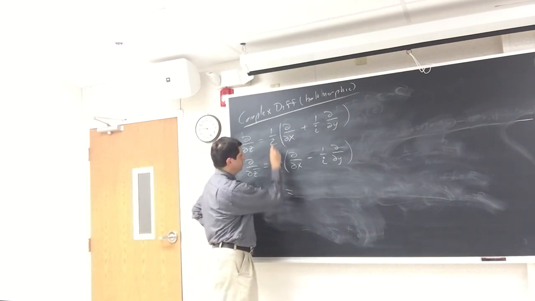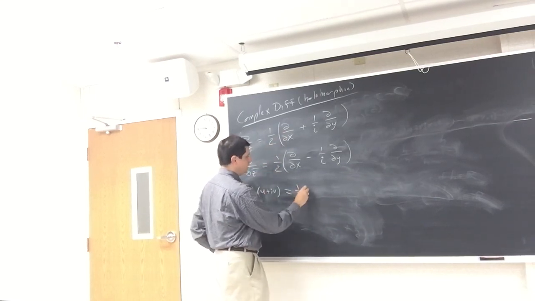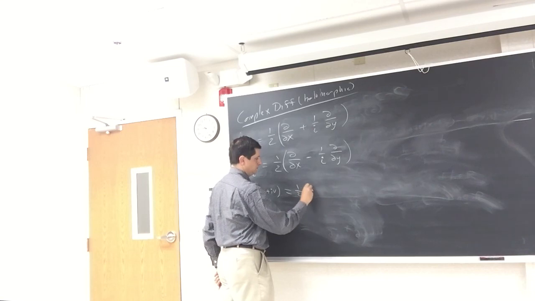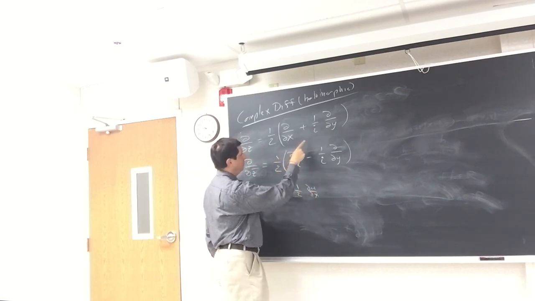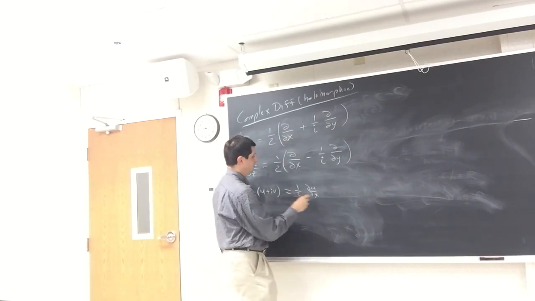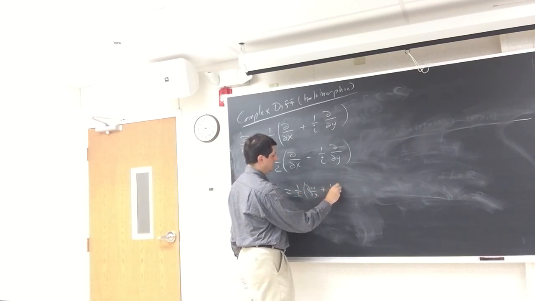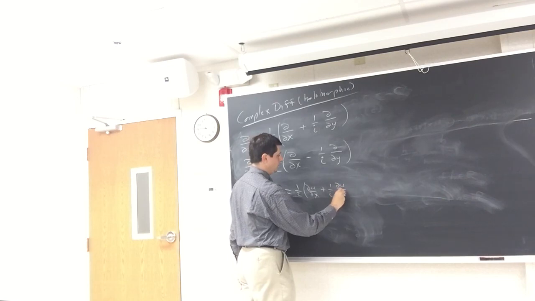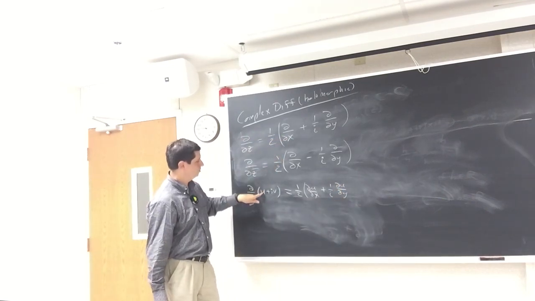Well, that's then going to be 1/2. We'll have du/dx plus 1 over i d by dy of u. So that is what happens when the d by dx hits u plus iv.